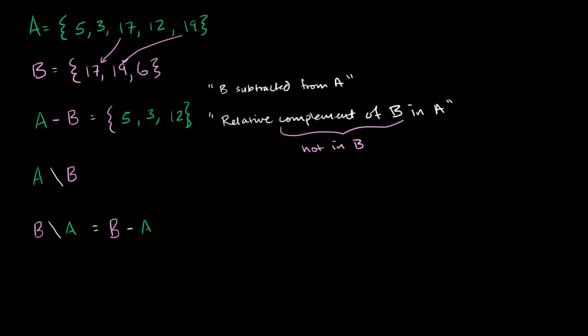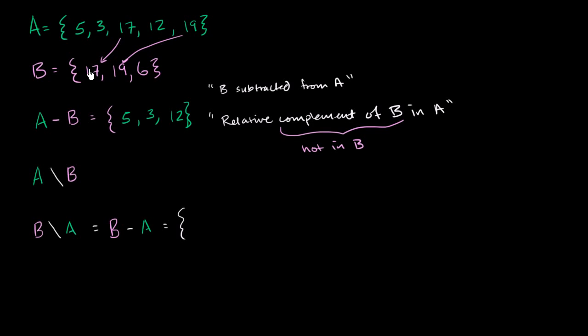What would this be equal to? Well, going back, we could view this as all of the things in B with all of the things in A taken out of it, or the complement of A that happens to be in B. So let's think of it as the set B with all the things in A taken out of it.